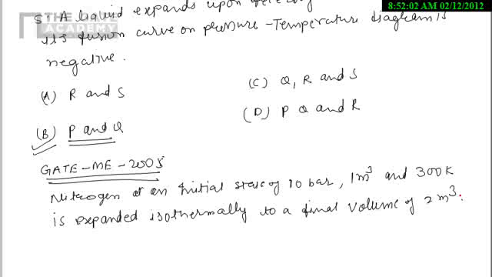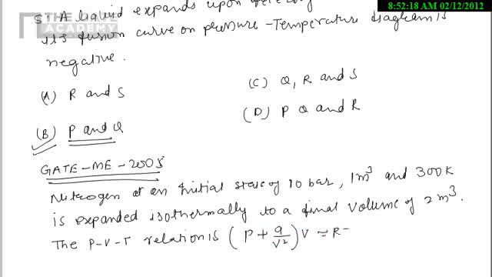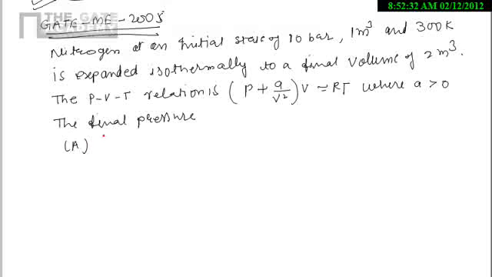The PVT relation is P plus A by V square into V equals RT, where A is greater than 0. So the final pressure: option A will be slightly less than 5 bar.